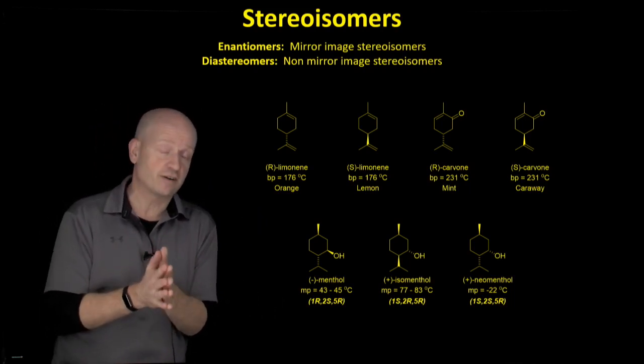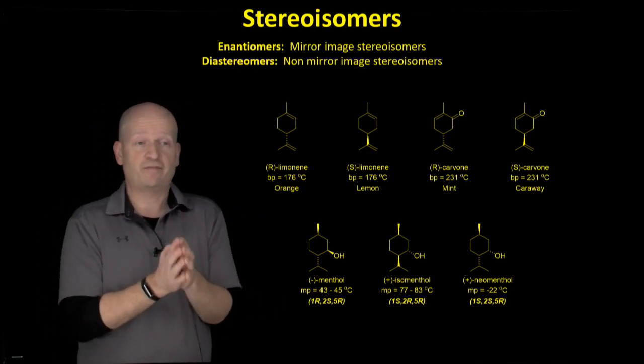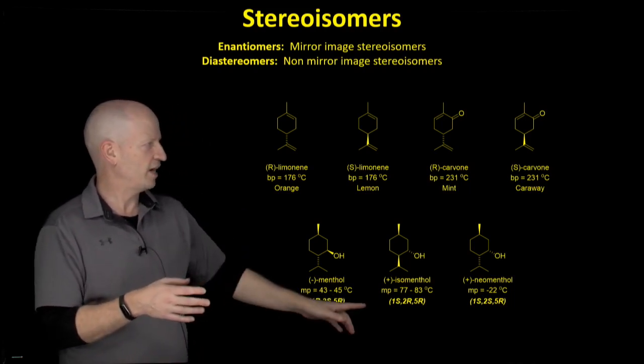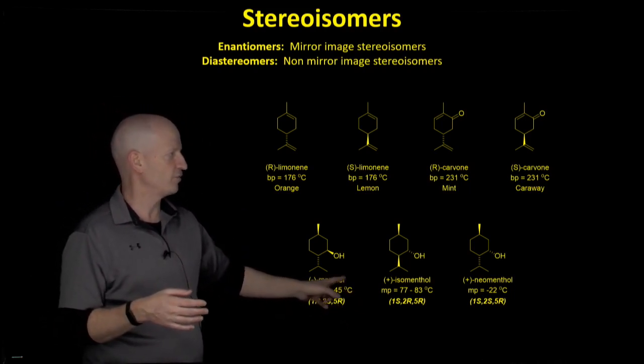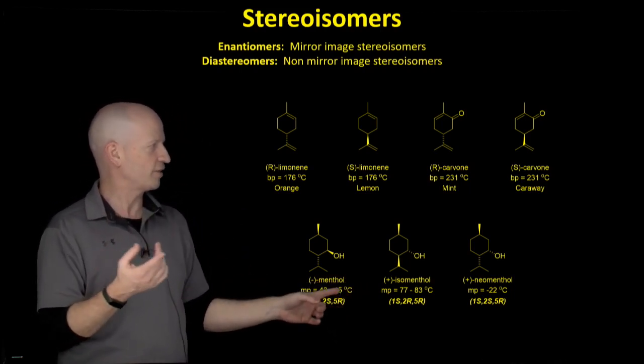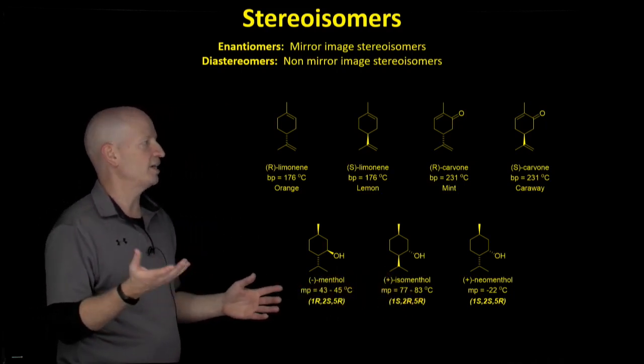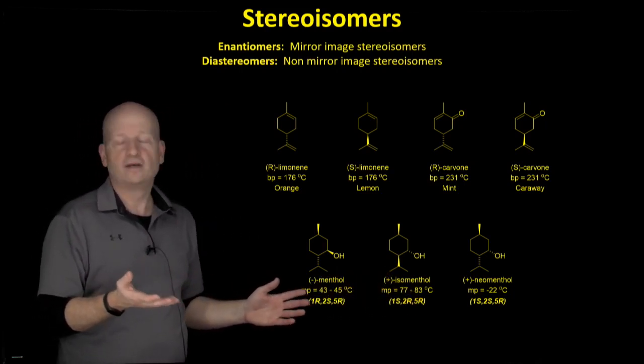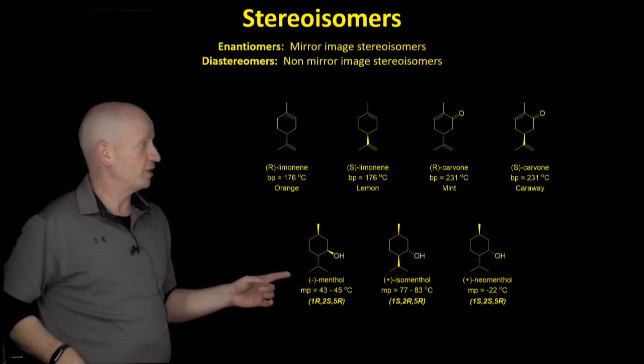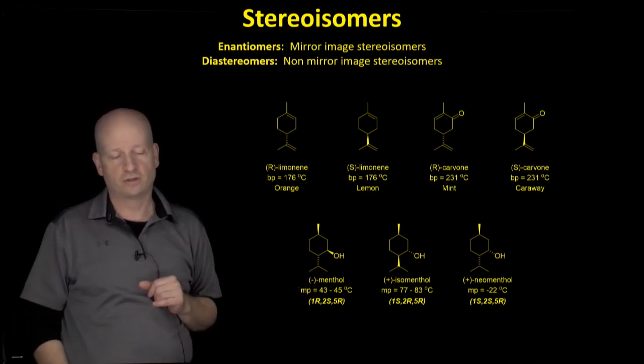If you have diastereomers, they behave differently. So on this slide, we have at the bottom an example of three different diastereomers of menthol. And I just put the melting point as one of the physical properties, and you notice the melting point is different for all three of those.